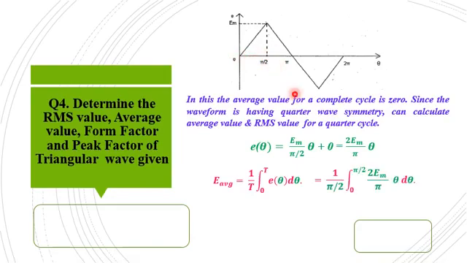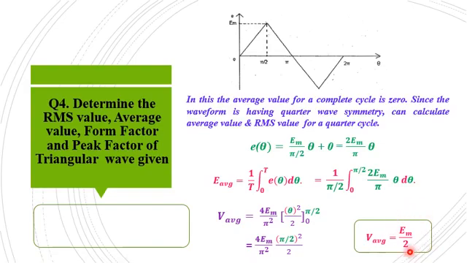So substituting, we get 1 by pi by 2 integral 0 to pi by 2 of 2 Em by pi into theta d theta. 2 Em by pi is a constant, so we can take it outside. The integral of theta is theta square by 2. Substituting the limits, we get the average value as Em by 2, same as that of a sawtooth. So the average value for a triangular waveform is maximum value by 2.